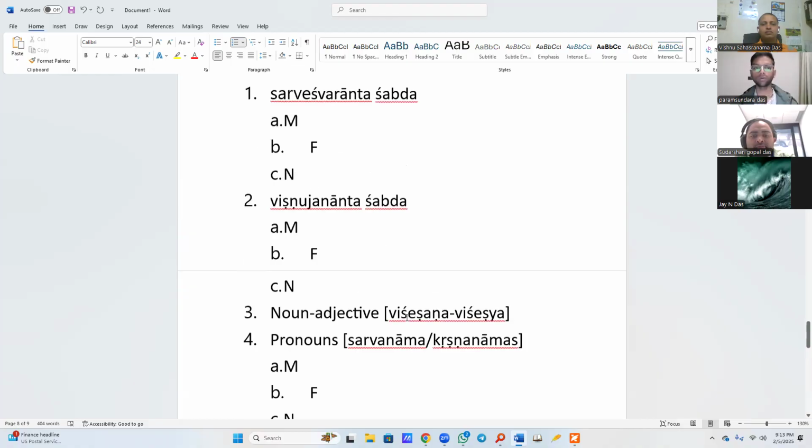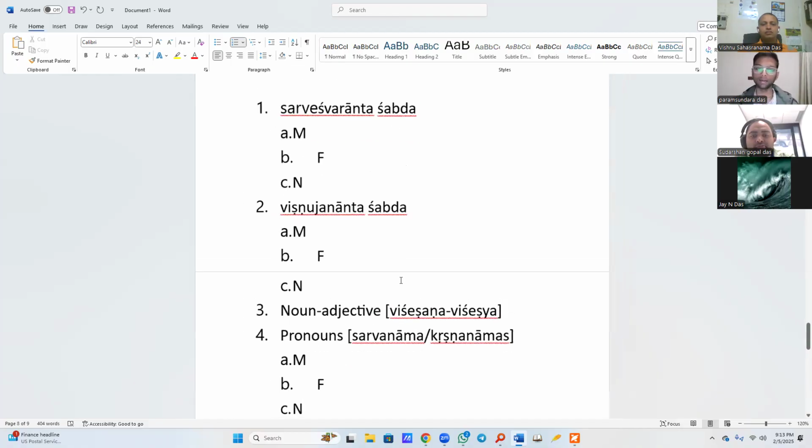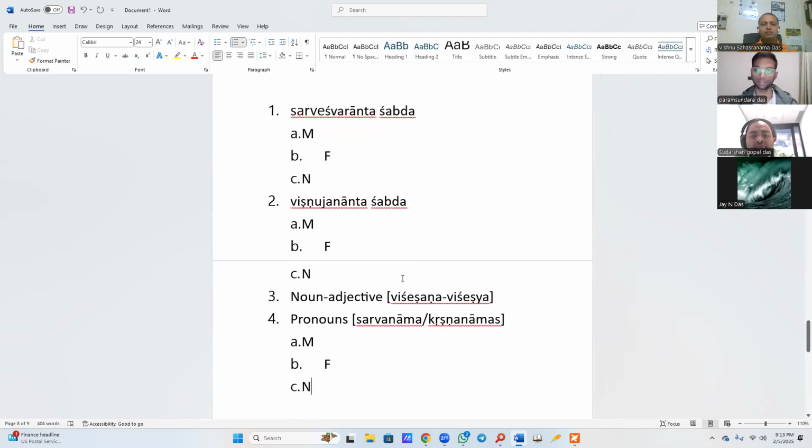So this is the whole frame of chapter 2. Very interesting chapter, and very useful also. Like Dharma Kshetre, Kurukshetre, Samavetaha, Yuyutsavaha, Mamakah, Pandavaha, Kim Akurvata, Sanjaya.